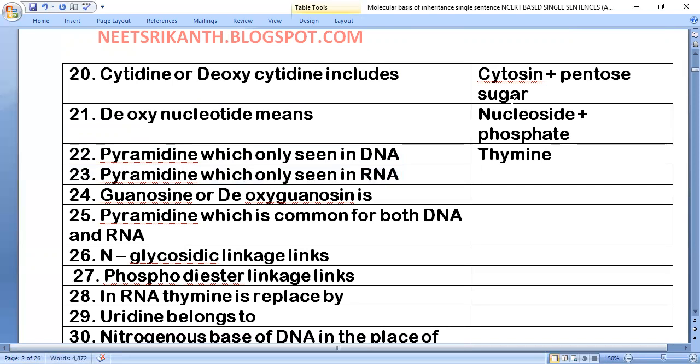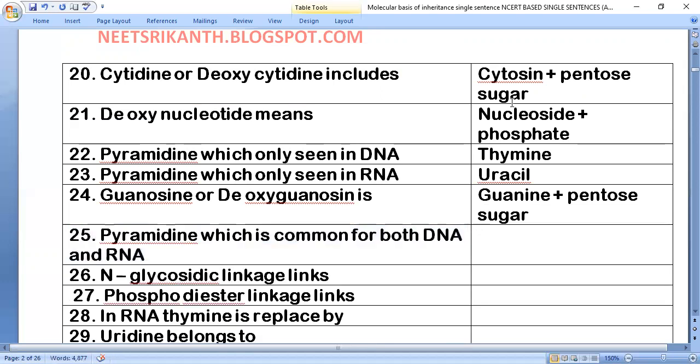Pyrimidine which is seen only in RNA is uracil. Guanosine or deoxyguanosine is guanine plus pentose sugar. Pyrimidine which is common for both DNA and RNA is cytosine.